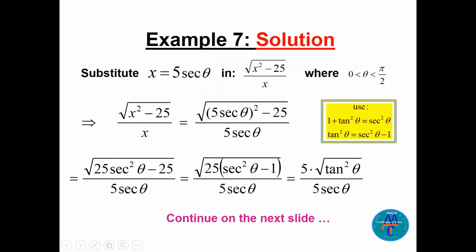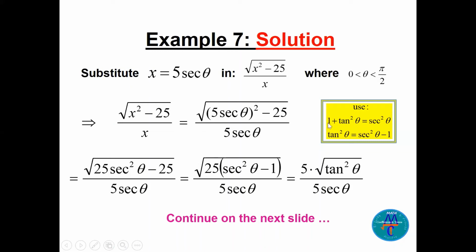So let's see. I take the expression given here, square root of x squared minus 25 divided by x. Just replace, inside here we have 5 secant theta all squared, minus 25 for sure, divided by 5 secant of theta. Now this one I can simplify as 25 secant squared theta minus 25. I can take 25 common factor inside the square root, secant squared of theta minus 1.